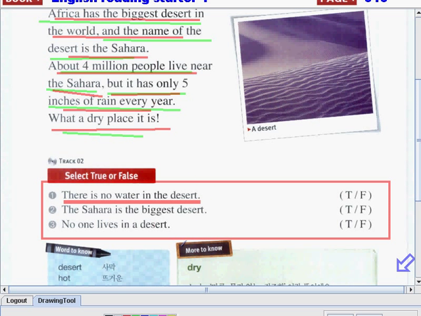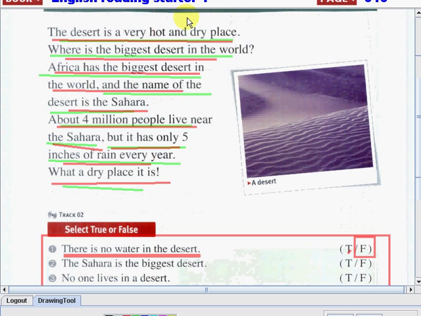Is it true or false? Yes, the answer is false. Very good. But why? Because the desert is a very hot and dry place, and because of that, there is no water in the desert.